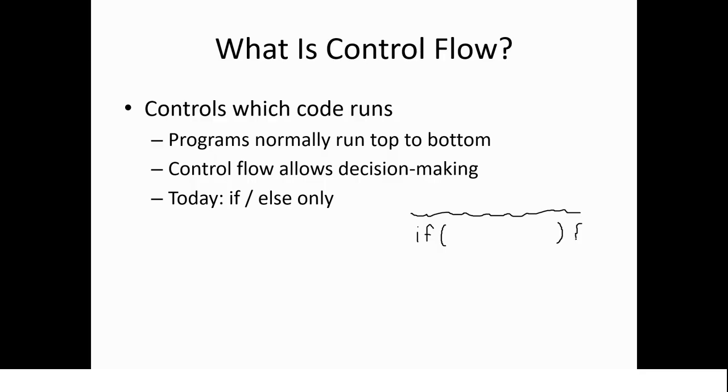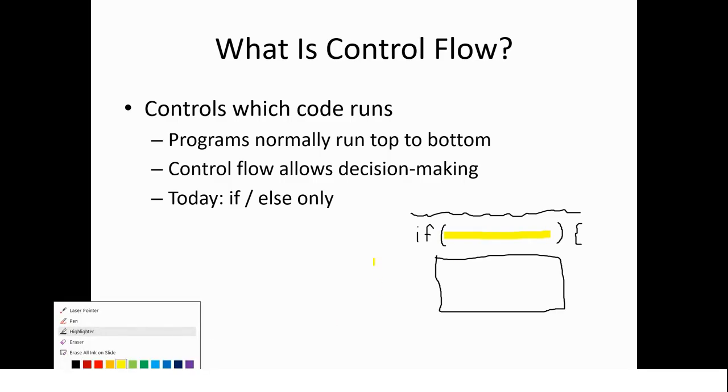Then we'll close that line off, and then we'll have a block of code which tells our program that if this condition is satisfied, then you want to execute the code in this block.